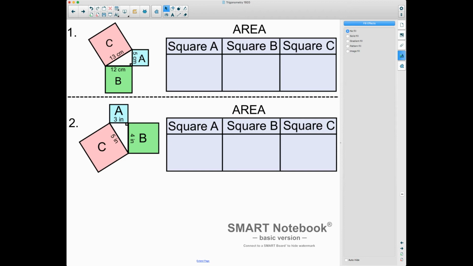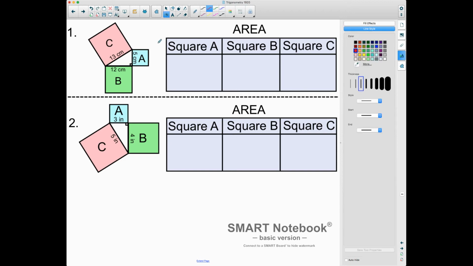So in example one, we're going to do the area of square A. Square A is a 5 by 5 square. So we're literally just going to do 5 times 5, and that's 25. And since it's area, there's square centimeters, not just centimeters. And then for square B, that's a 12 by 12.